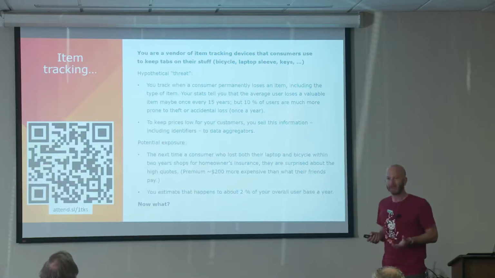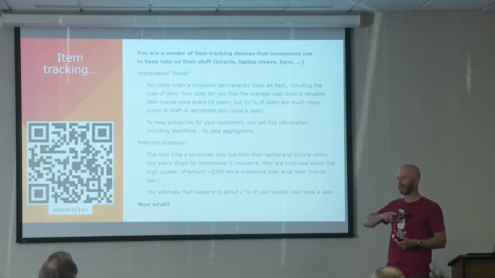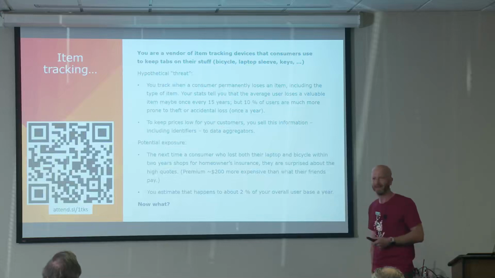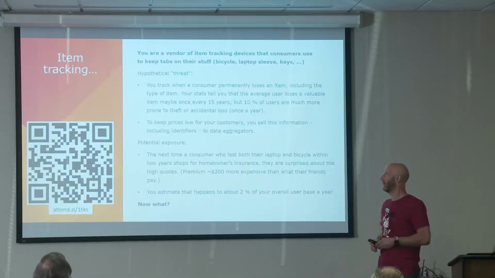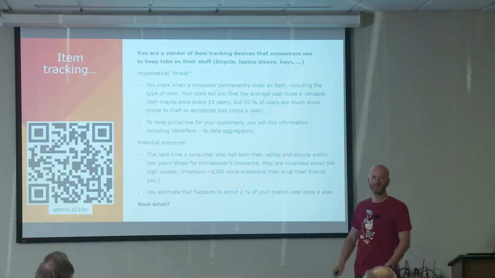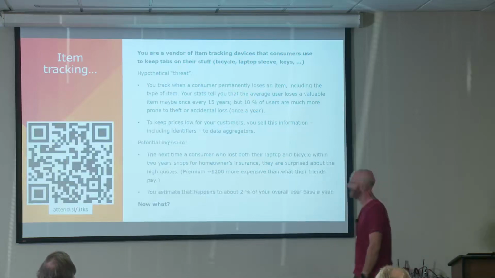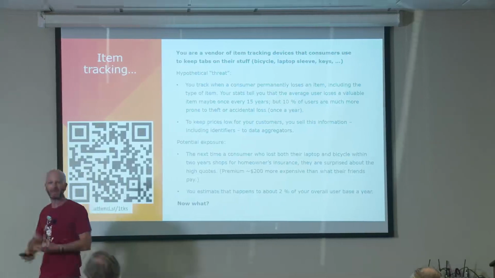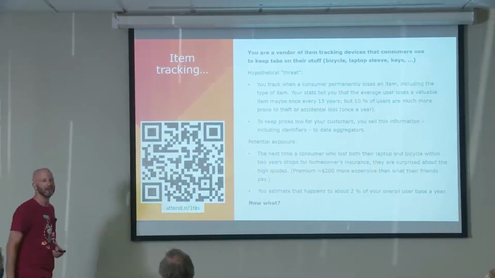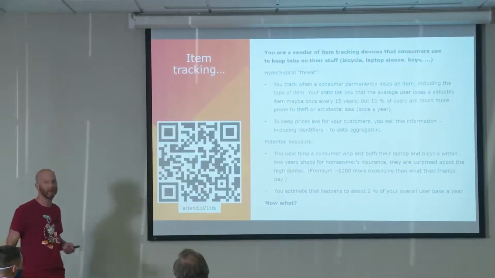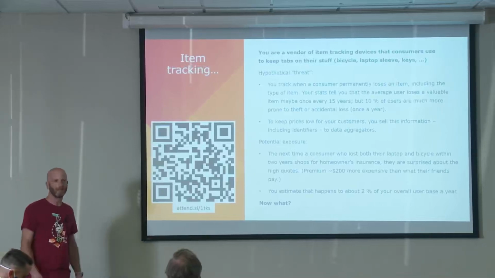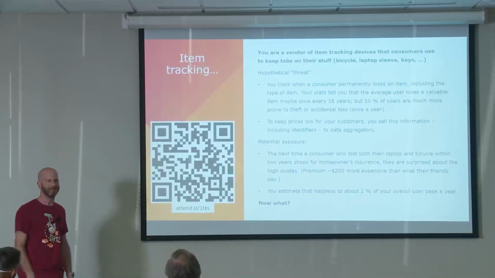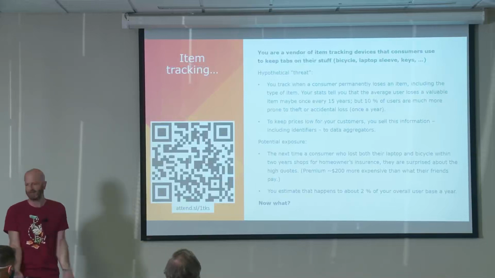And because you want to keep the prices low for your customers, you sell these statistics onward to data aggregators, including identifying information. So the potential exposure here is that the next time one of those customers, who are the more risky people who lose all of their stuff all the time, goes and shops for homeowners insurance, the quotes they get back for premiums are $200 more than what their friends are seeing.